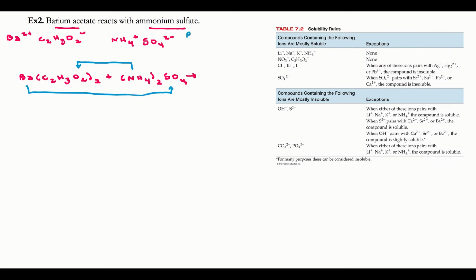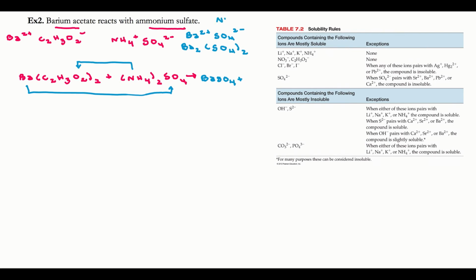Barium sulfate. Barium has a 2+ charge. Sulfate has a 2- charge. So when I cross my charges, I get Ba2, SO42, and notice I can actually simplify this. And so what I'll end up getting for my product is just BaSO4. Okay? Plus, I need to do my other product, ammonium and acetate.